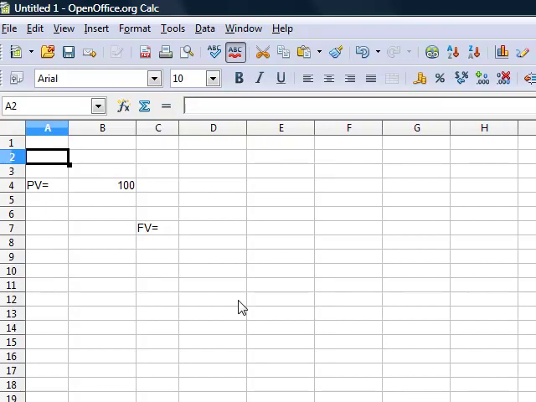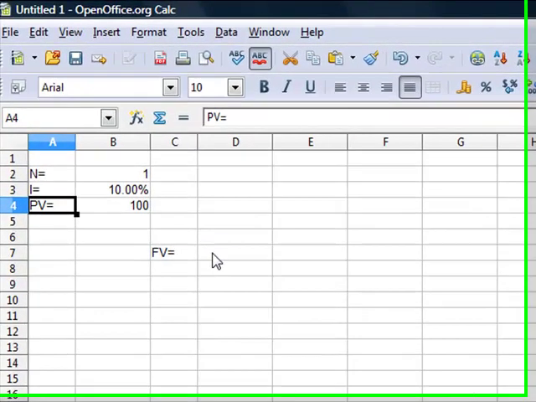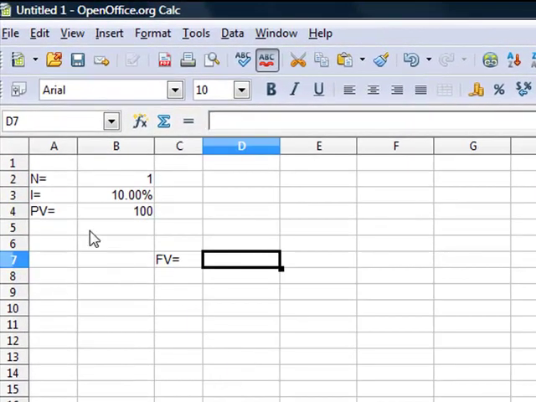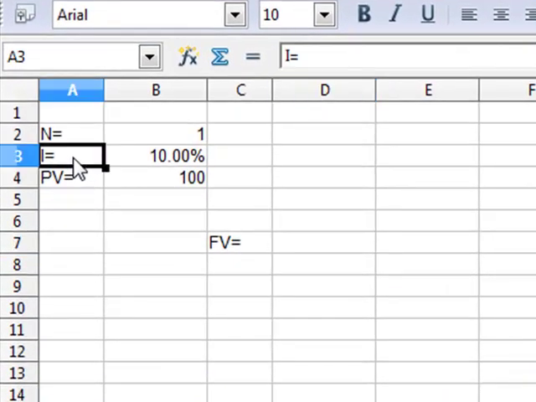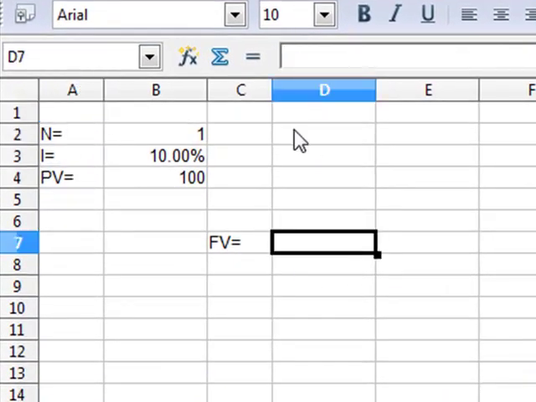And we'll allow the timing of the investment, or the length of the investment, to be in this case 1, and we need the interest rate, and we'll allow that to be 10%. Okay, so again, remember, it's the present value times 1 plus the interest rate raised to the nth power. So I'm going to program that in here.